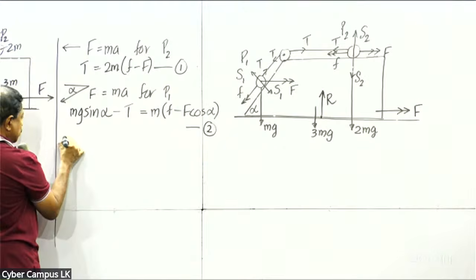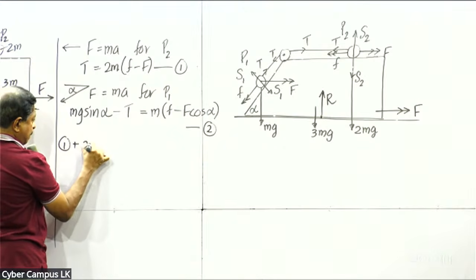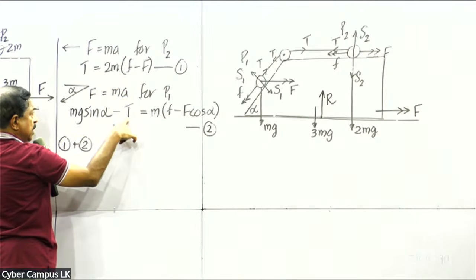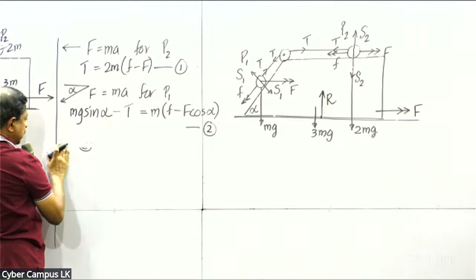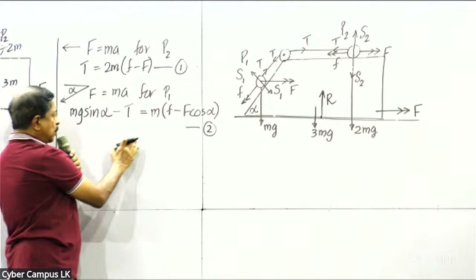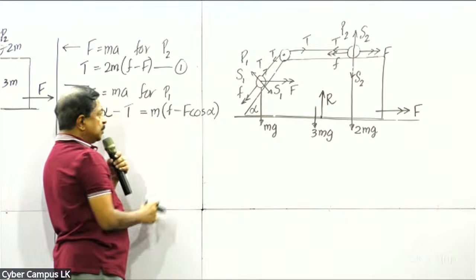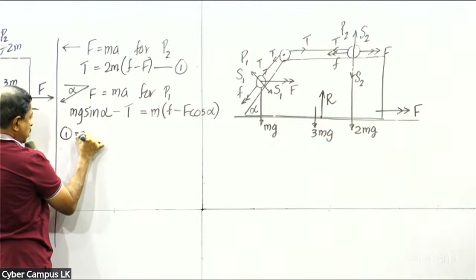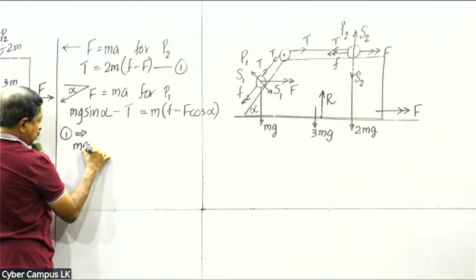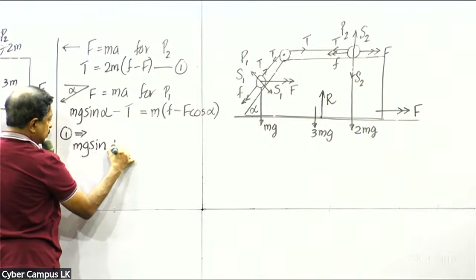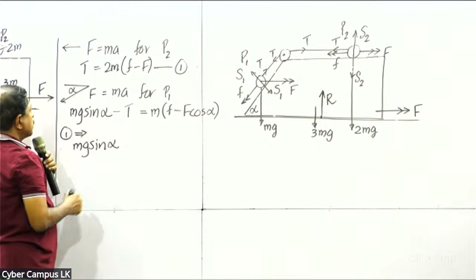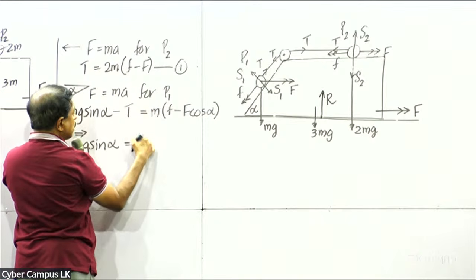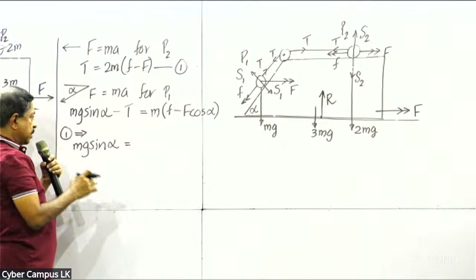Now from 1 and 2. Or you can say from equation 1, then you replace this. Last time I didn't eliminate T at the beginning. Now from 1, this is mg sin alpha. When you add these two, it will go away. No, not that, I'm sorry.